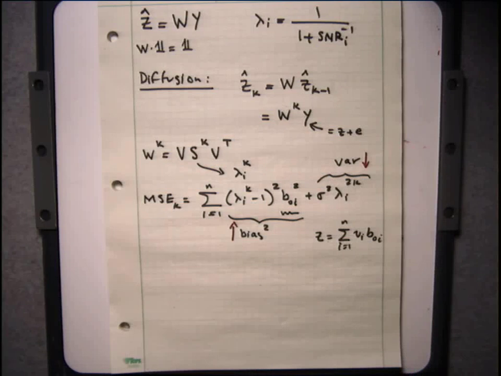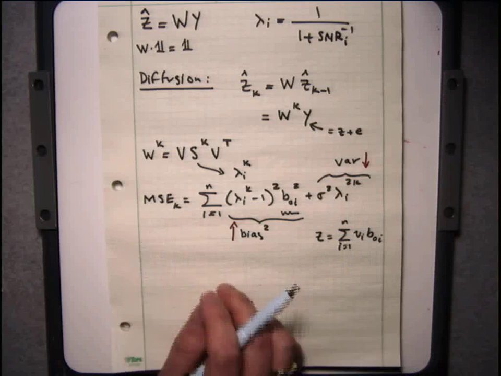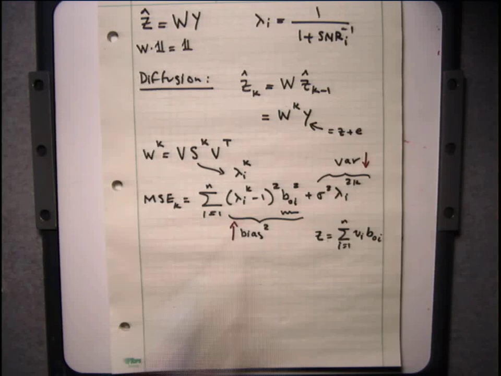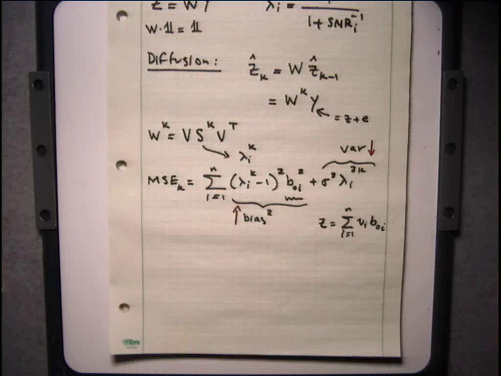All right, so one question that comes up is, if you look at this expression, with the first application of W, which is this for Z_0, so W times Y, you would get some mean squared error, right? Now, I've just told you that if you apply W again, you may get a smaller mean squared error, but I haven't proved it.